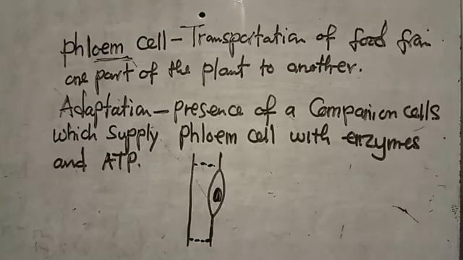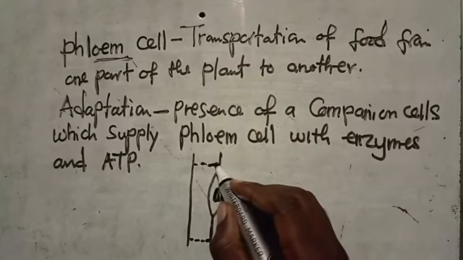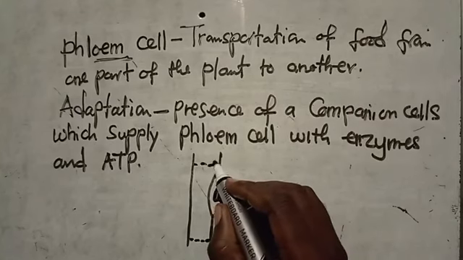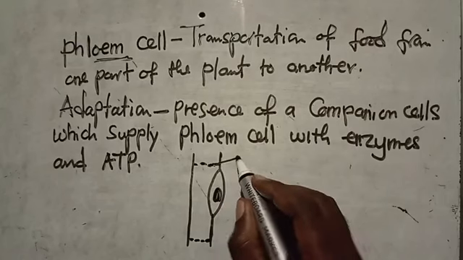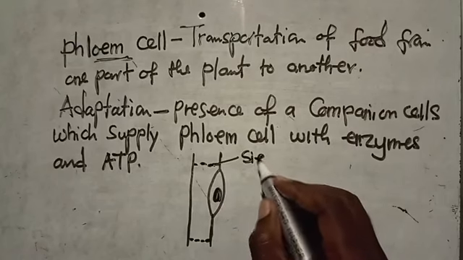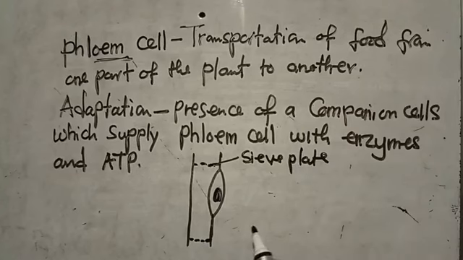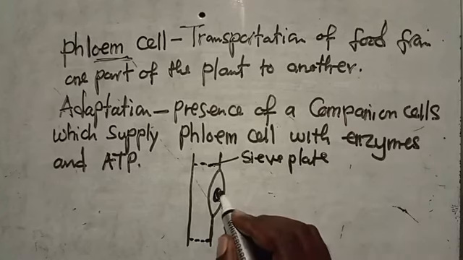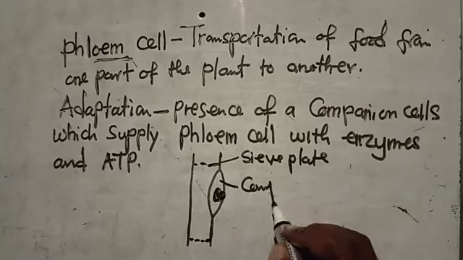So I was saying that the way this one is, we've got this part here. These parts that look dotted, we call them sieve plates. This is what you need to understand. Then this part that is here, this is what we are calling a companion cell.